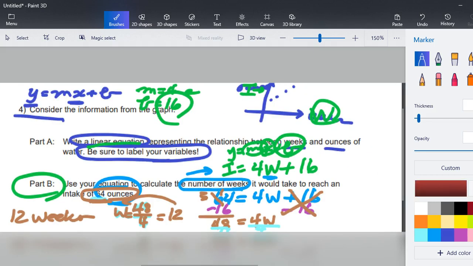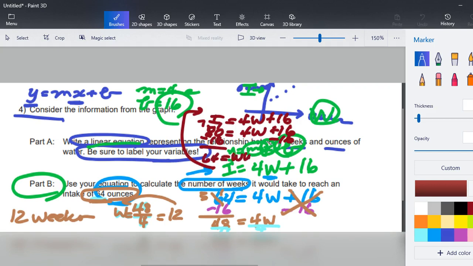And finally, we could calculate how many weeks it's going to take using our equation. So it's going to get really ugly. I'm just going to write it on top of everything. Here is our equation, and we are looking for an intake of 80 ounces. That's the 4W plus the 16. We'll subtract 16 from both sides. Getting 64 equals the 4W.